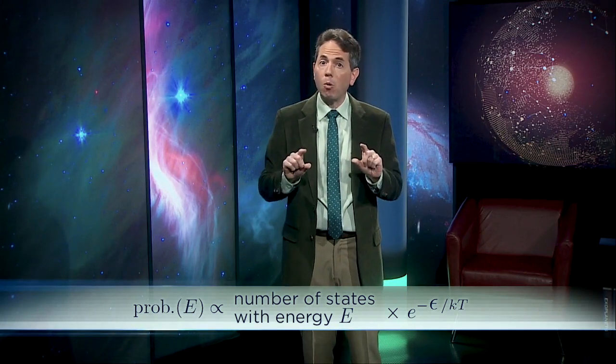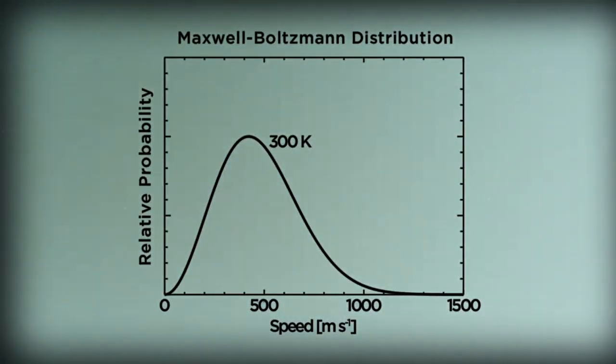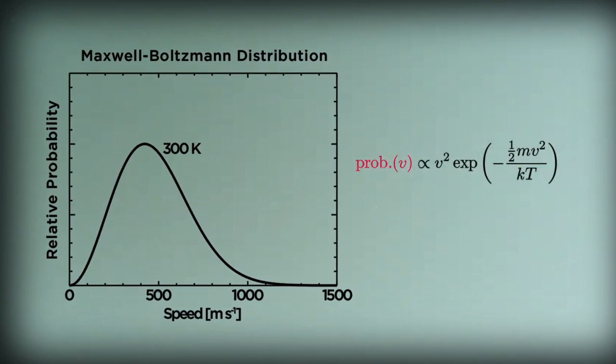But if you do go through all of that, you can derive the Maxwell-Boltzmann distribution. That's the probability distribution for particle speed in an ideal gas. It's the product of the Boltzmann factor and a factor of v squared, which comes from all of that state counting. The horizontal axis is speed in meters per second, and the vertical axis is the relative probability that you'll find a particle to have that speed.